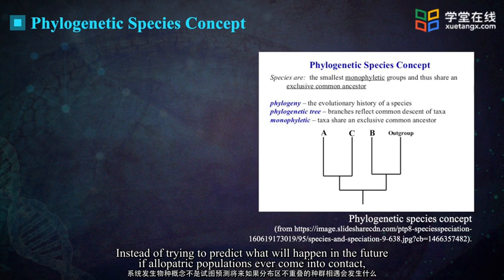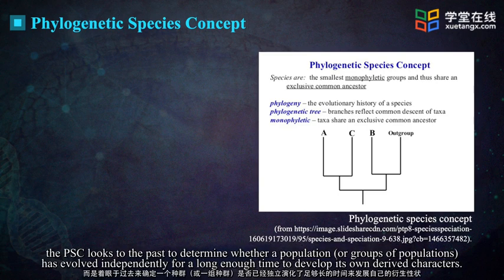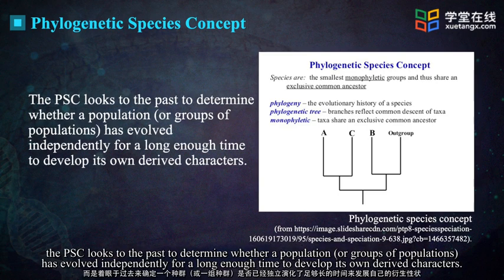Instead of trying to predict what will happen in the future if allopatric populations ever came into contact, the PSC looks to the past to determine whether a population or group of populations has evolved independently for a long enough time to develop its own derived characters.